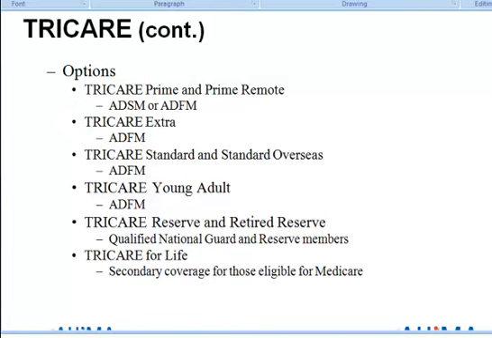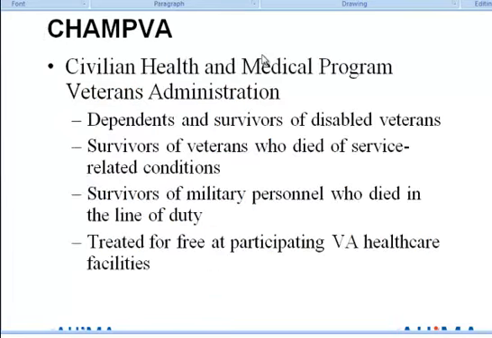The retired reserve plan is basically the same, except there's higher premiums, higher coinsurance, and co-payment amounts. TRICARE for Life is available as a secondary insurance, secondary to Medicare. Members are required to participate in Medicare Part B and pay those Part B premiums. Basically, TRICARE for Life is going to help lower the out-of-pocket expenses that the beneficiary pays.